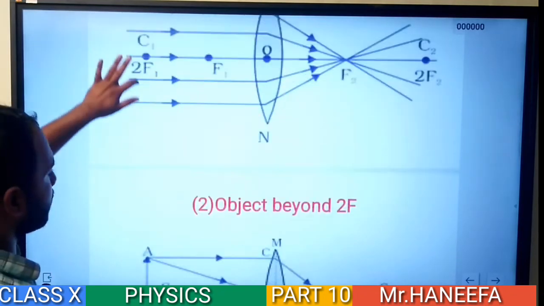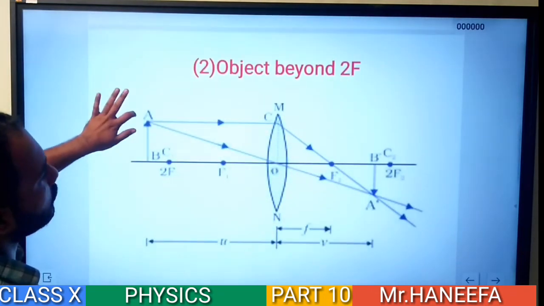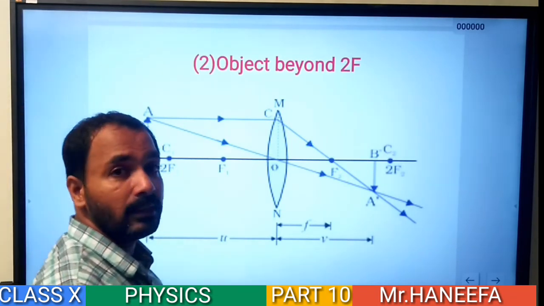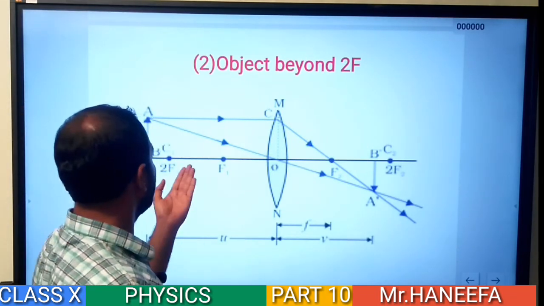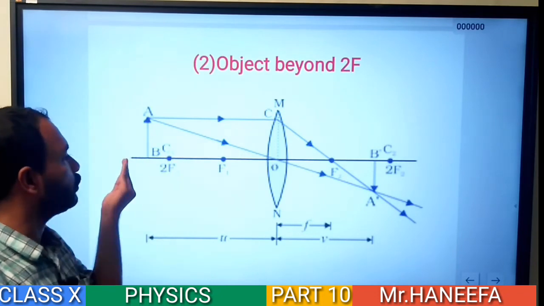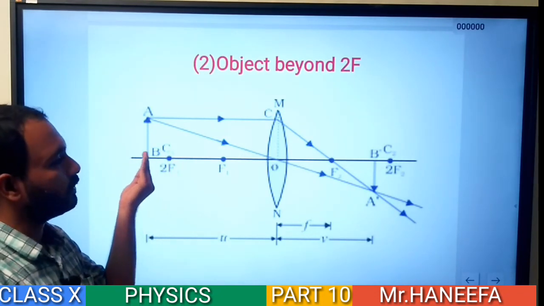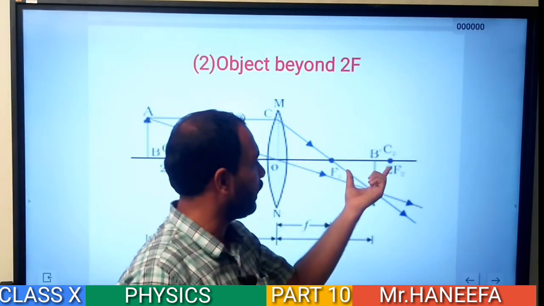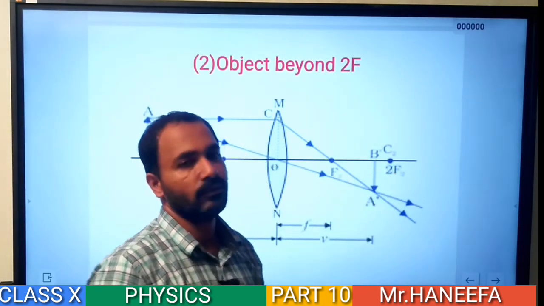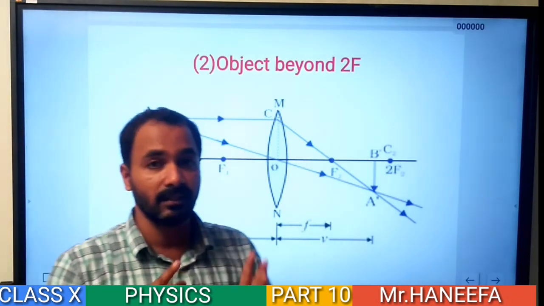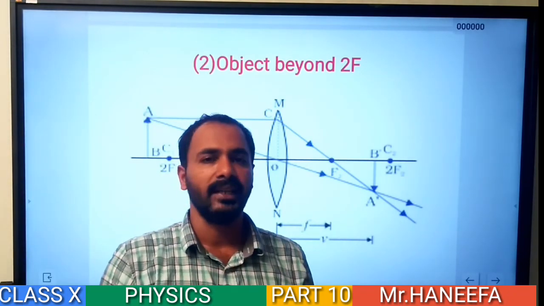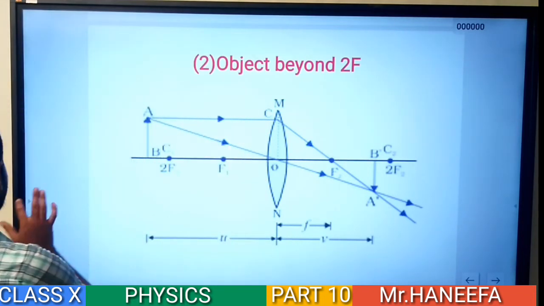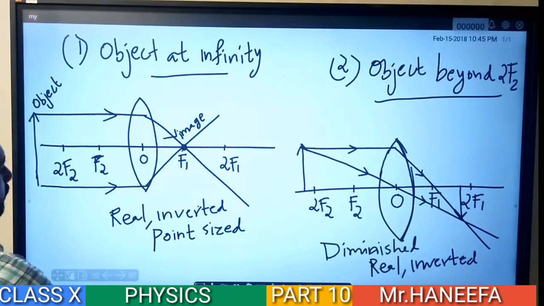In the second case, object is placed beyond 2F1 or beyond 2F2, image is formed between F and 2F. Here also image is real and inverted. It is also diminished. Okay, so next is third case.